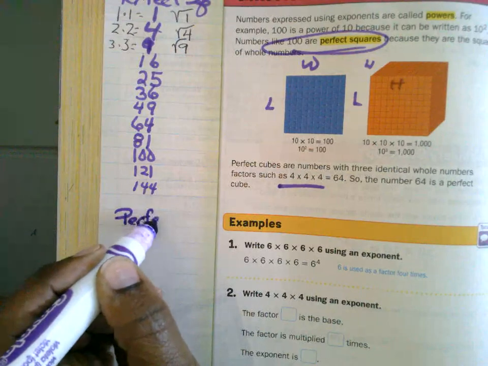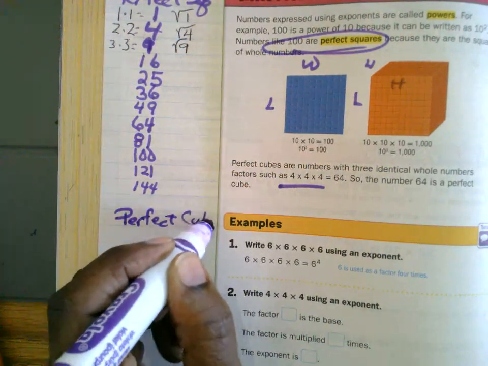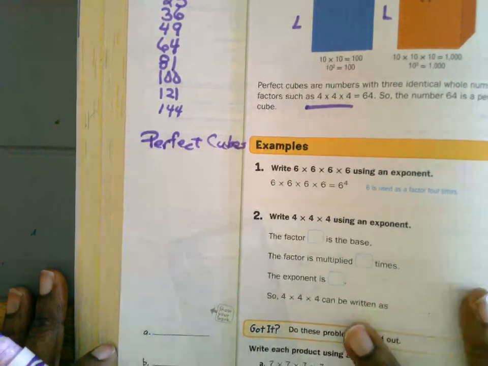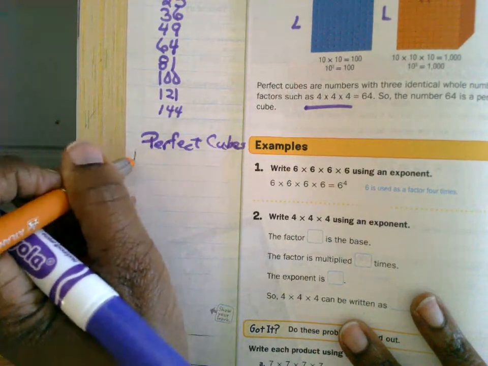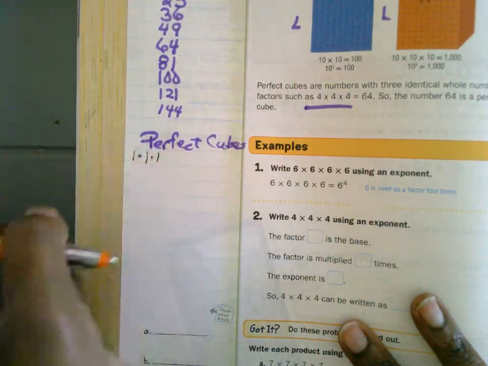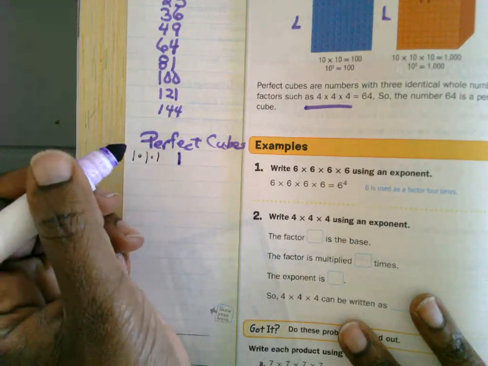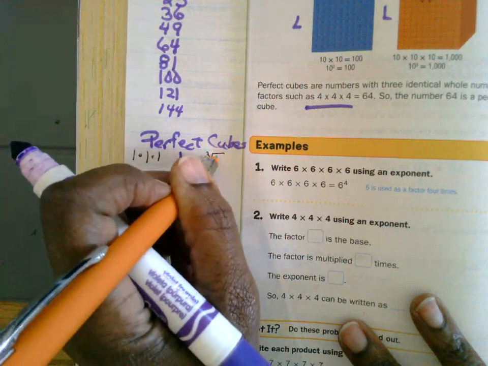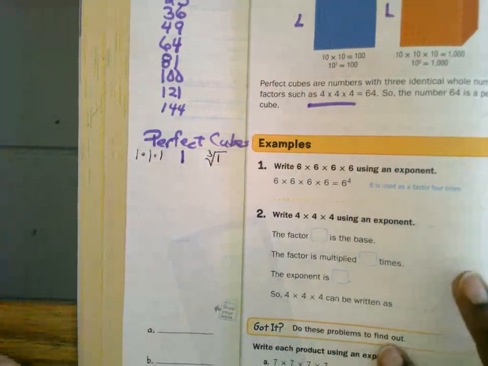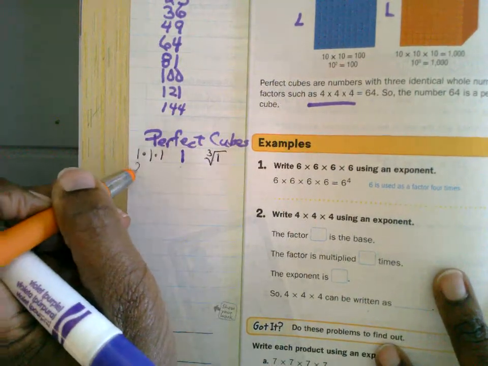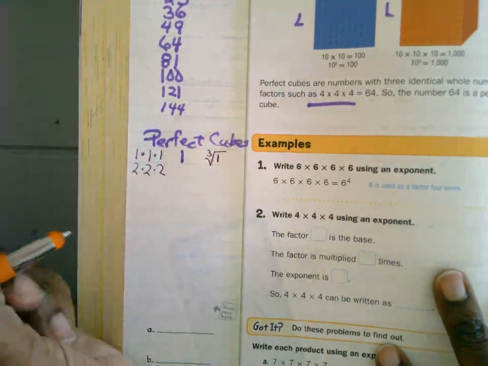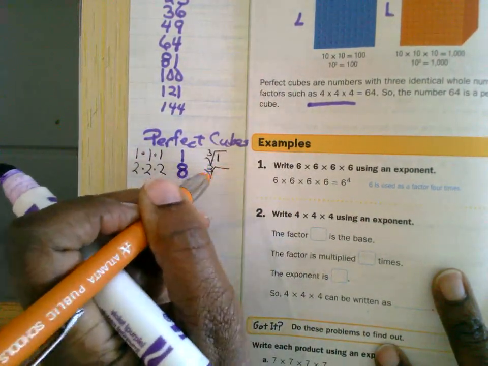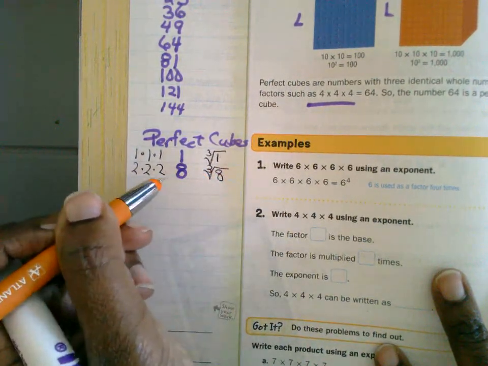So let's see if we can name some perfect cubes up to 7. I'm going to help you, but you're going to help me also. So they go like this. 1 times 1 times 1 is 1. So 1 is a perfect cube because the cube root of 1 is 1. 2 times 2 times 2 is 8, because the cube root of 8 is 2.